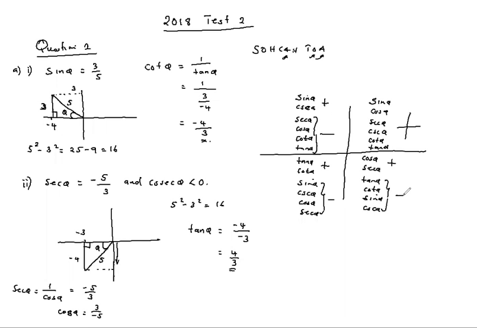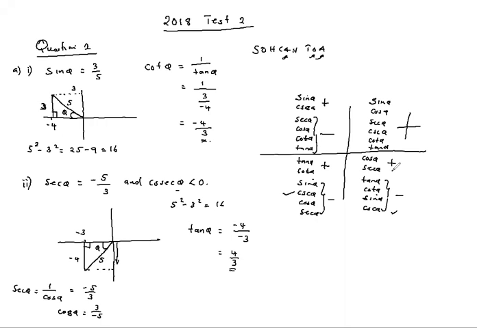Now what we are given was cosec is negative. So you go where cosec is negative. It's negative here. It's also negative in the fourth quadrant. But we are told also sec is negative. But sec is positive in the fourth quadrant.